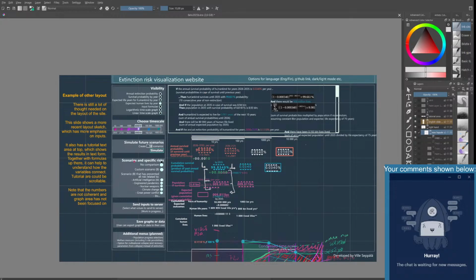But I don't know, it's a tricky balance, and maybe this tutorial section up there is going to help also.